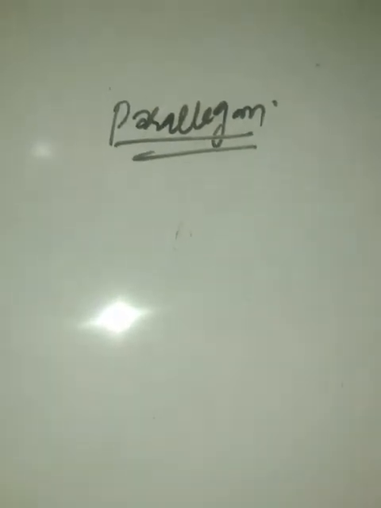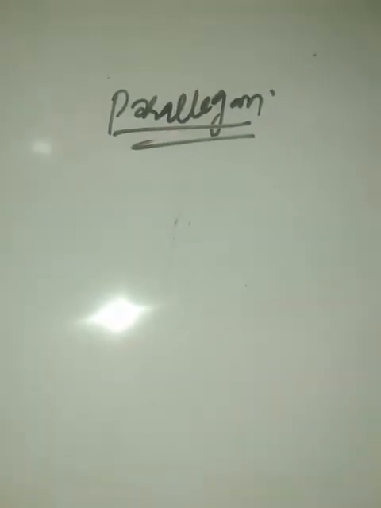Later, after doing some theorems and understanding some concepts, we will define the parallelogram in another way, when we study the properties of the parallelogram. For now, remember this simple definition: a quadrilateral is said to be a parallelogram if both pairs of opposite sides are parallel.